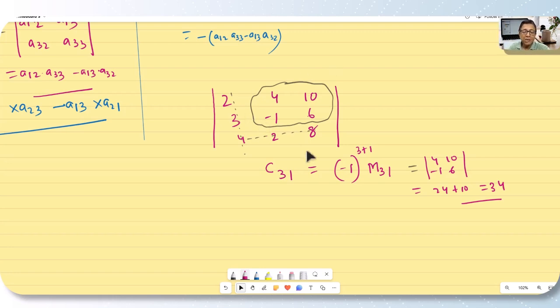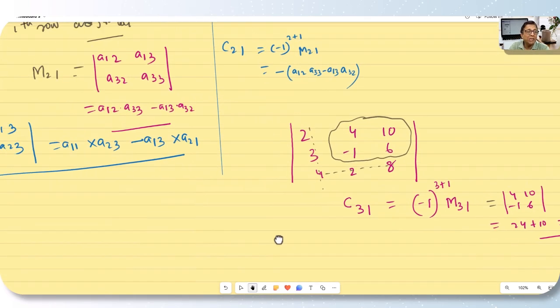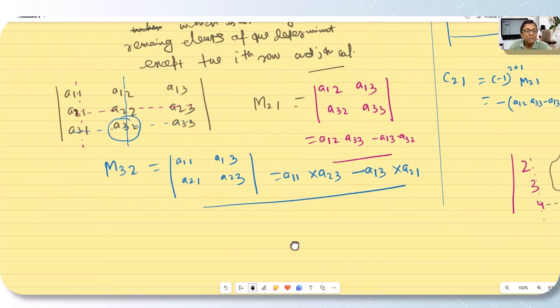Understood? Now, let us see some calculation that we have already done.